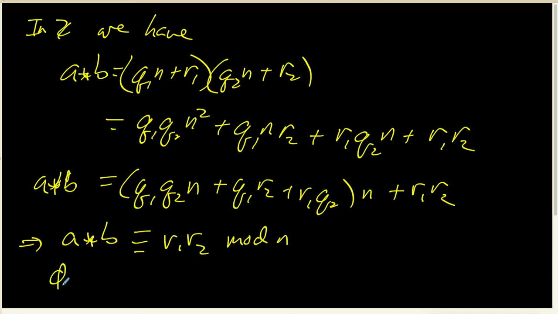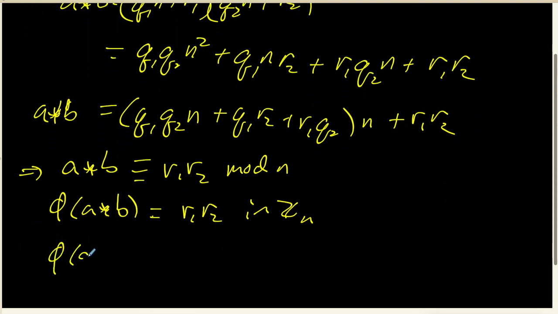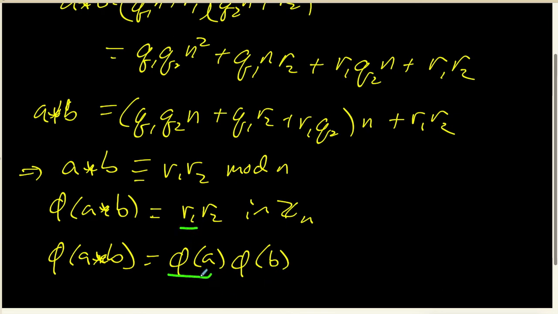And so phi of a times b will just be whatever r1 times r2 is in Zn. And of course, that winds up saying that phi of a times b actually winds up being phi of a times phi of b, because this r1 is phi of a and this r2 is phi of b.